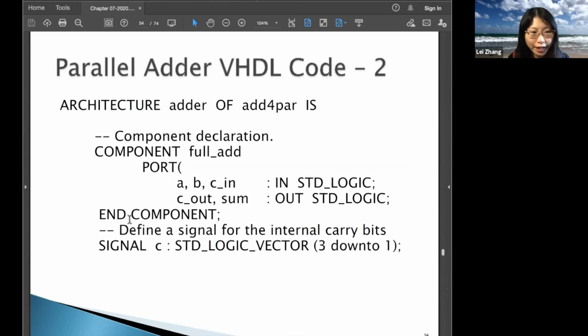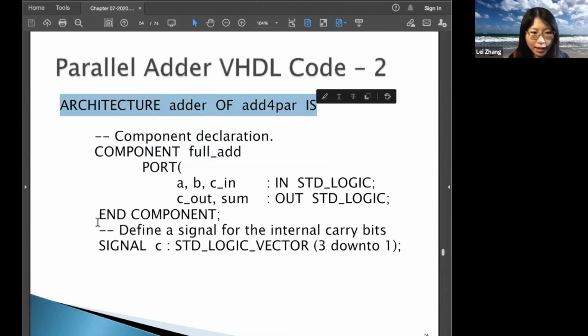Let's have a look at the internal code. So internally, the architecture, start architecture, because within architecture we have a begin and end. So after the architecture, before the begin of the main architecture body, we have the component declaration. So the declaration means we have the component defined in another VHDL file for the 1-bit full adder already.